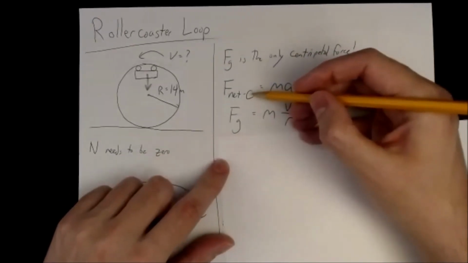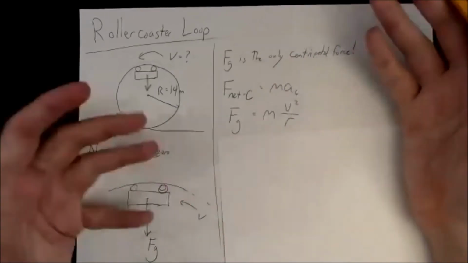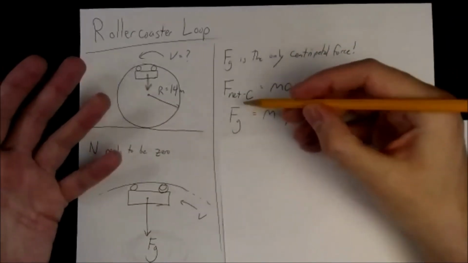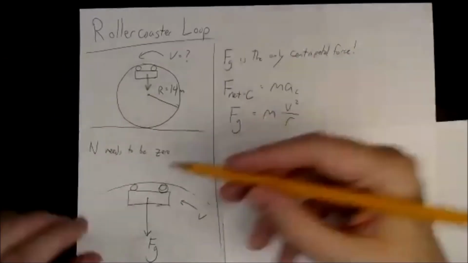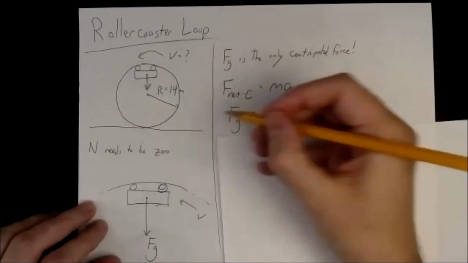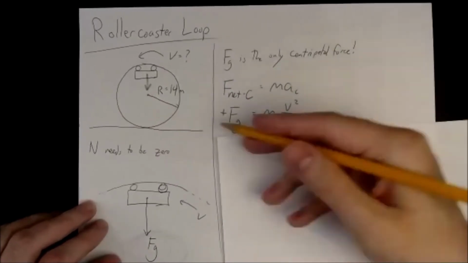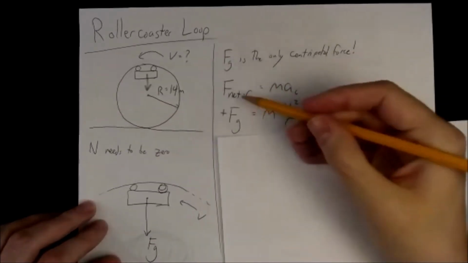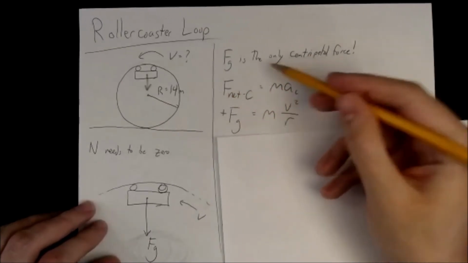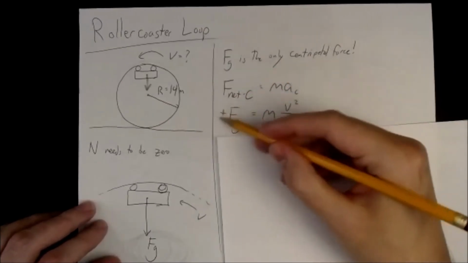Centripetal means towards the center. Just like positive x means positive x and positive y means positive y, centripetal means towards the center. Gravity is pointed towards the center. Therefore, it gets a positive amount. If a force points towards the center and you're doing a centripetal force equation, then it gets to be positive.